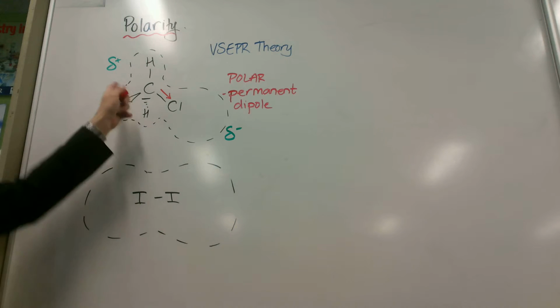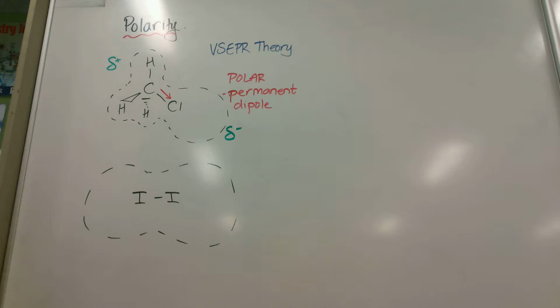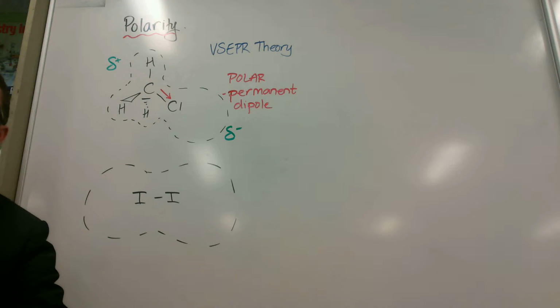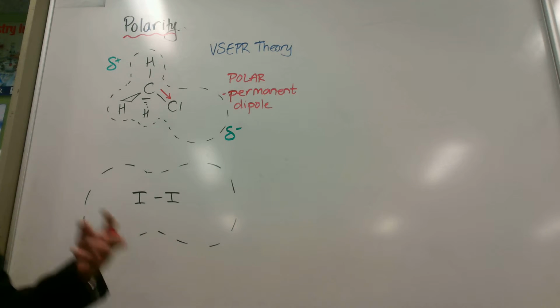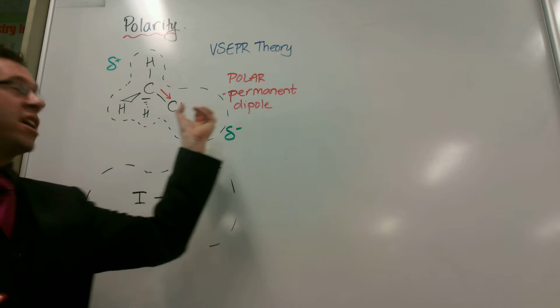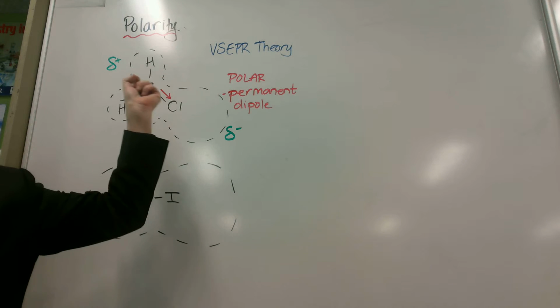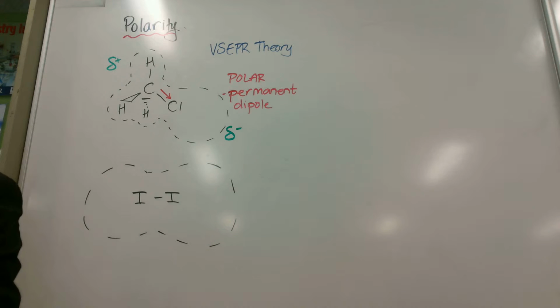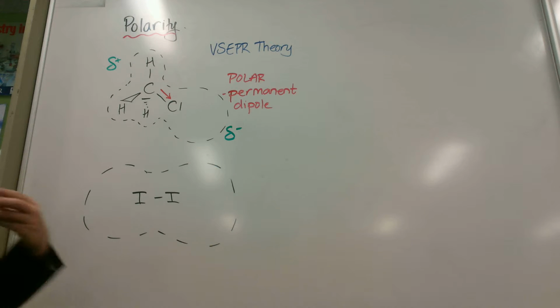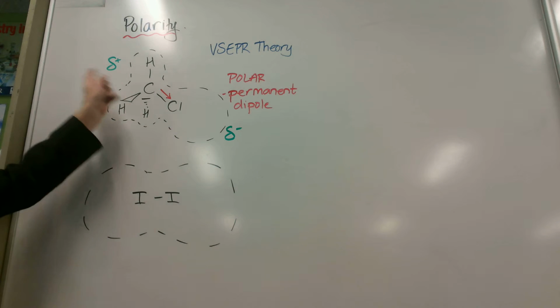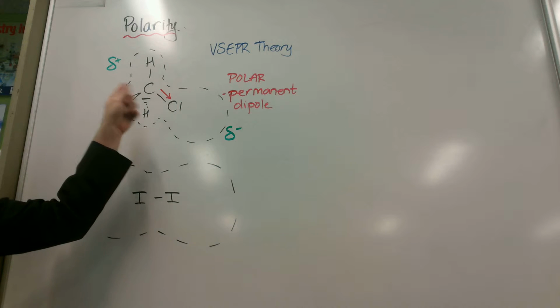The relationship between these molecules is what we call a permanent dipole attraction, which takes a long time to write in an exam, I'm sorry, but this is a permanent dipole attraction between these polar molecules. This is much stronger than when we have temporary dipoles, because these dipoles are always there in every molecule.